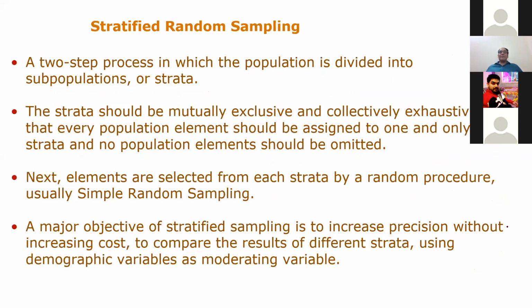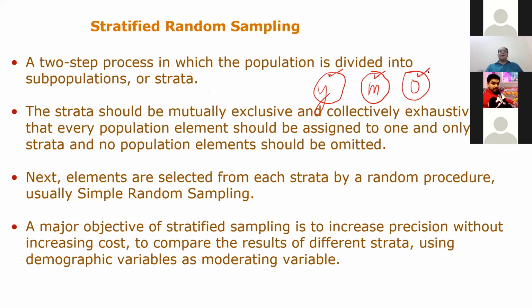Stratified random sampling, you try to understand that suppose we have some groups. For example, these are the young people, these are the middle-aged people, and these are the old people. I believe that there is some kind of homogeneity in the young people, in the middle group, and in the old group.